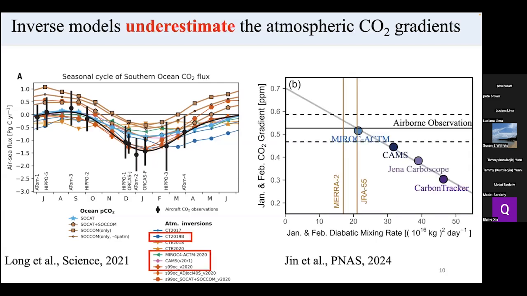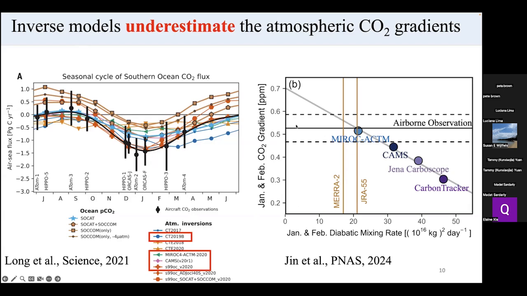In my recent PNAS paper, published early this year, I analyzed four of the inversion systems used in the Ma et al. study. If you just look at the y-axis in the right figure, what I showed here is that the simulated CO2 distribution in the mid-latitude southern hemisphere during the summer in these models does not align with observation.